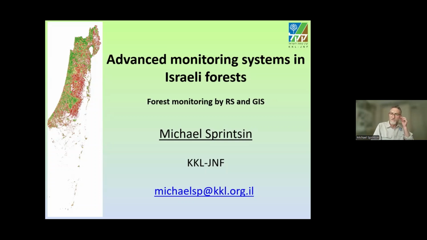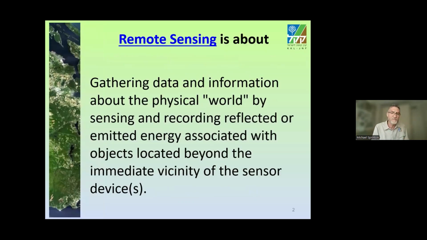Okay, so remote sensing, we all know what it is about: gathering information about the physical world. The information that is gathered is from reflected or emitted radiation from an object that is located far away, at some distance.